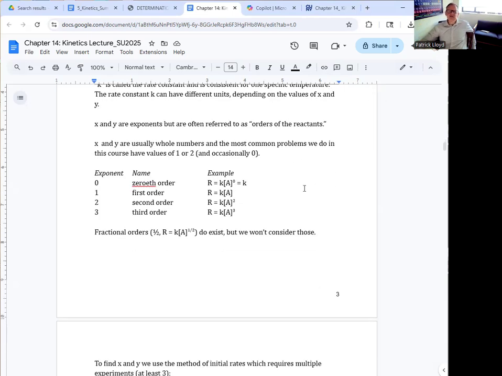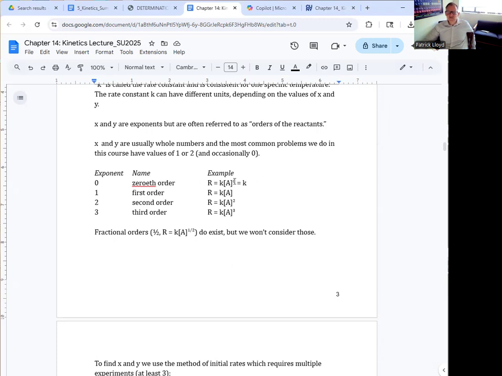The terminology that we use is that if the exponent is a zero, we call it zeroth order. So here's an example. The rate of the reaction equals the rate constant times the concentration of the reactant A, raised to the zero. Now, interestingly enough, if you take a number and raise it to zero, you generally get 1.